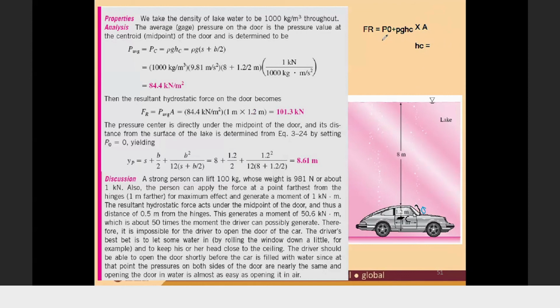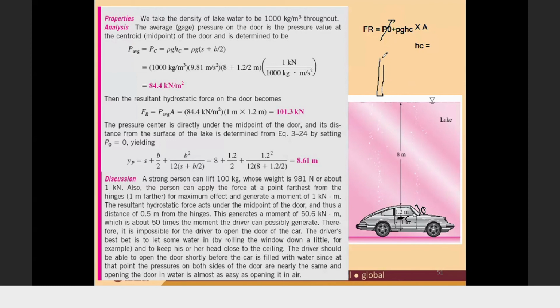For this case we eliminate this P atmosphere. Why is it canceled?